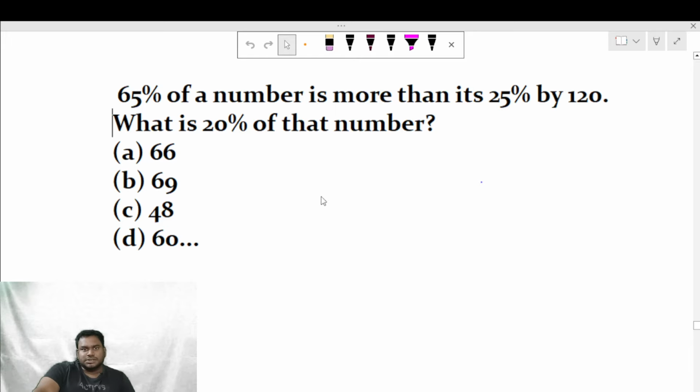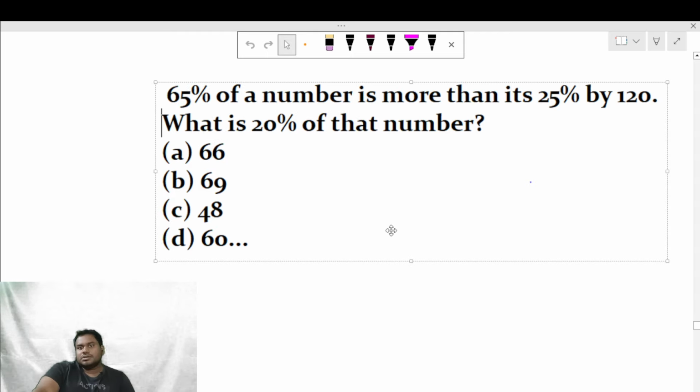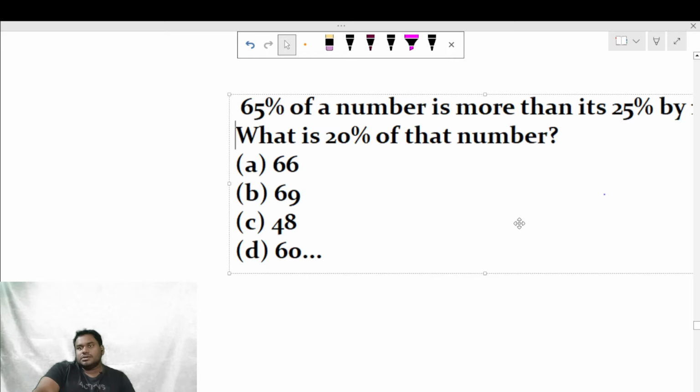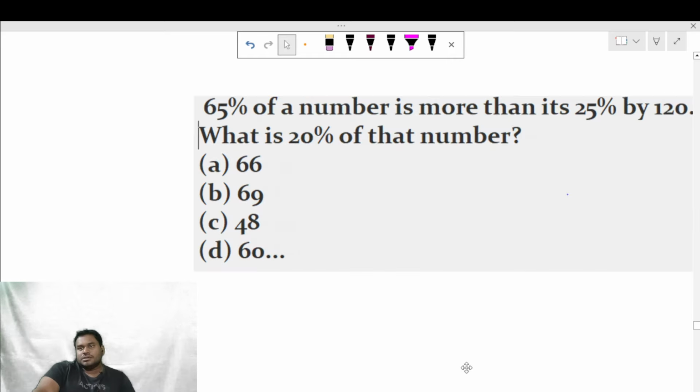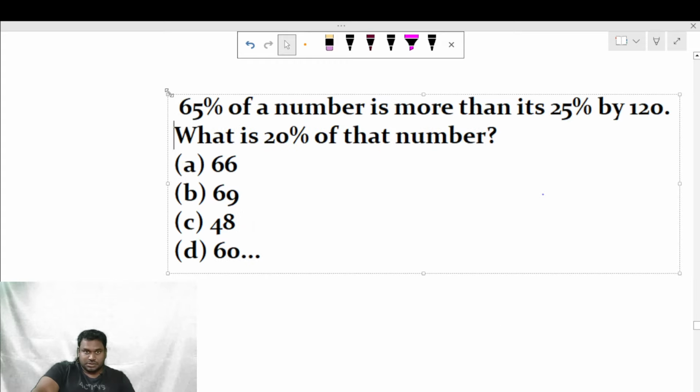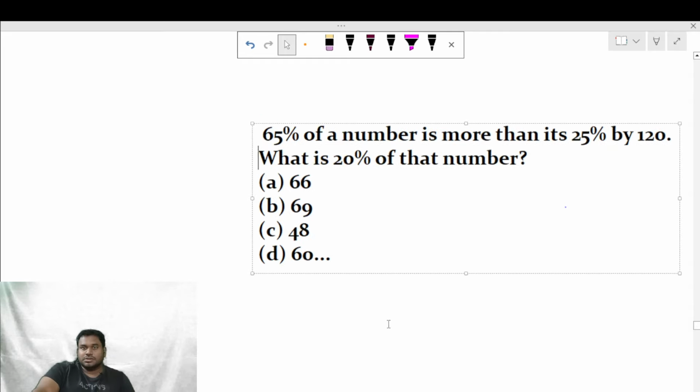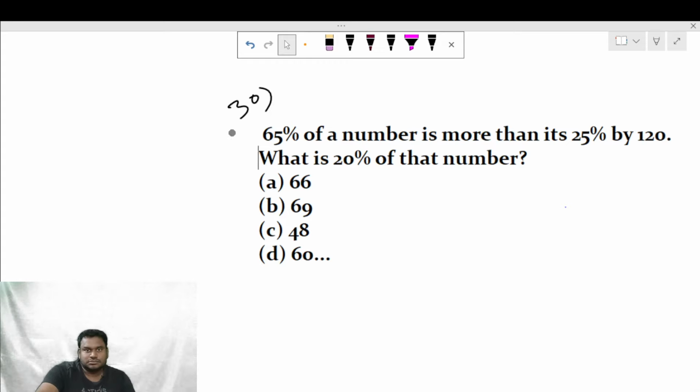Okay, next question, question number 30. 65% of the number is more than its 25% by 120.